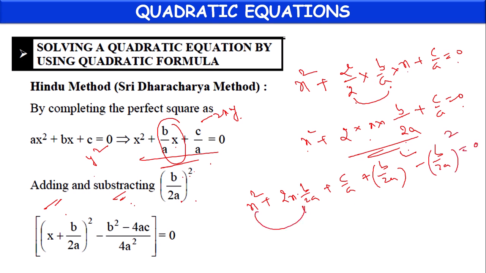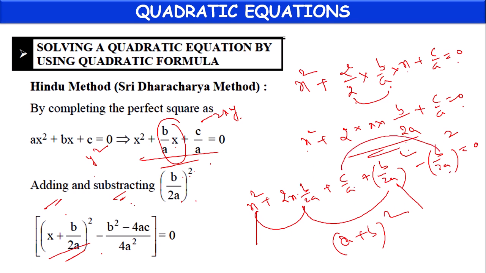This first one, second one, third one, these three are in the form of a plus b whole square, where a is x, b is b by 2a. So these can be written as x plus b by 2a whole square. And the remaining two terms, after simplification, we can write as b square minus 4ac by 4a square.